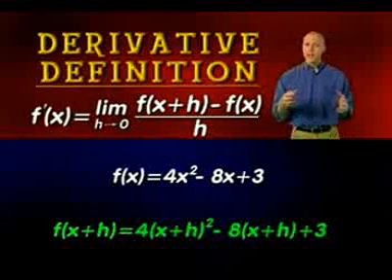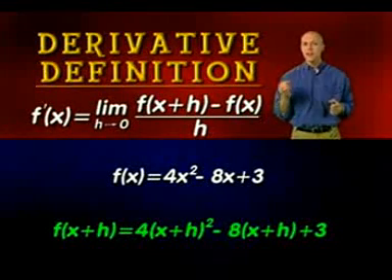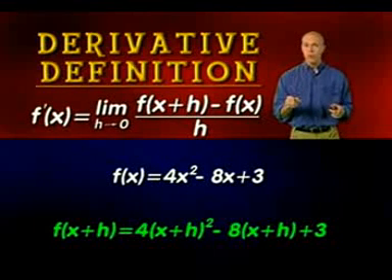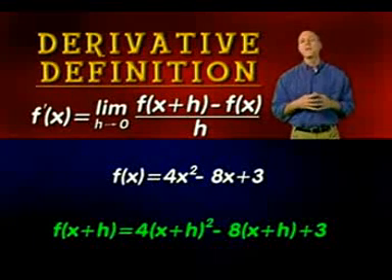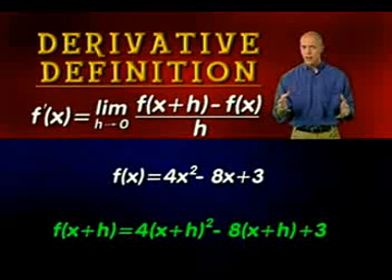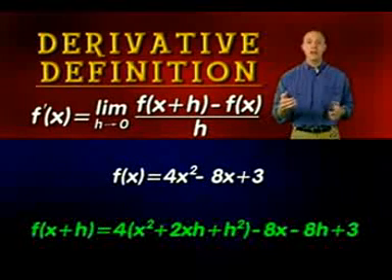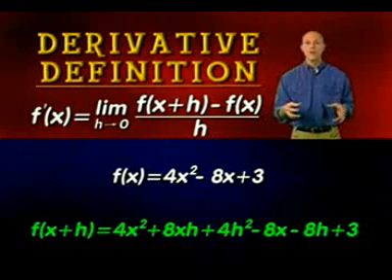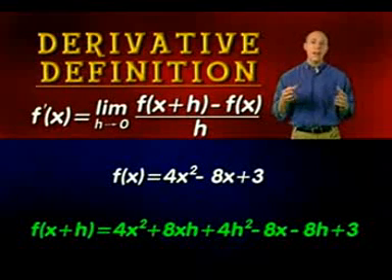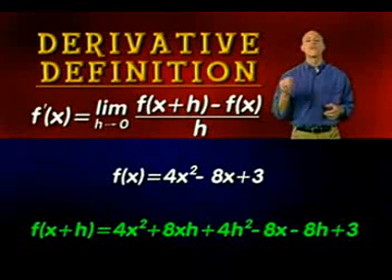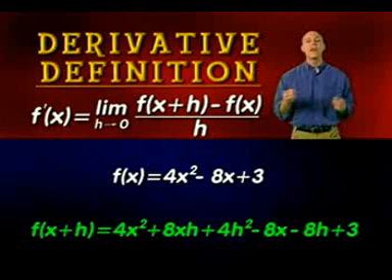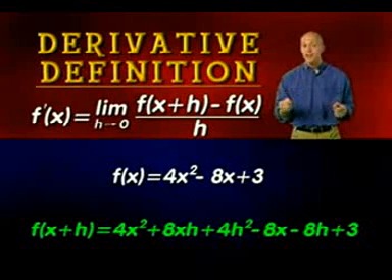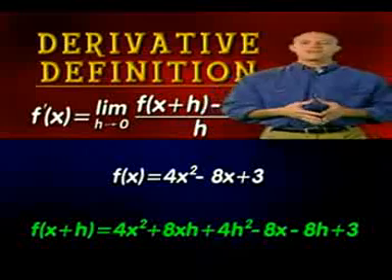So, f of x plus h equals 4 times (x plus h) squared, minus 8 times (x plus h), plus 3. When we multiply this out and combine terms, we get f of x plus h equals 4x squared plus 8xh plus 4h squared minus 8x minus 8h plus 3. Whew, easy for me to say.